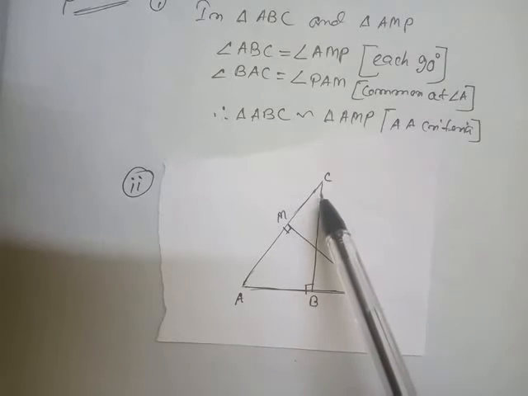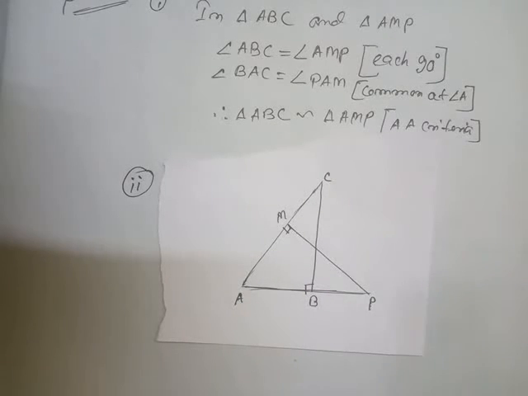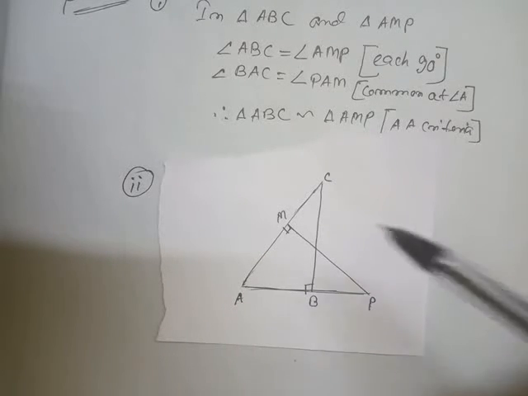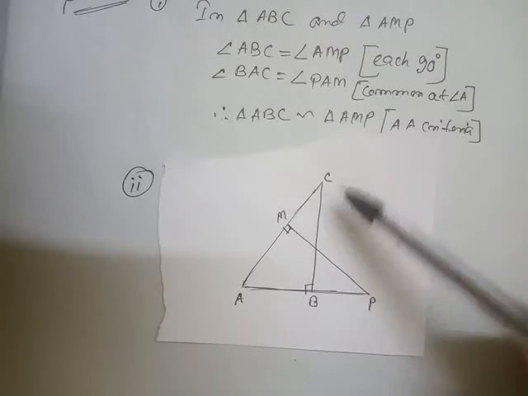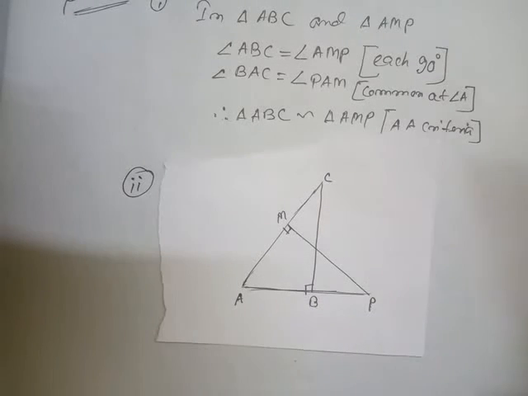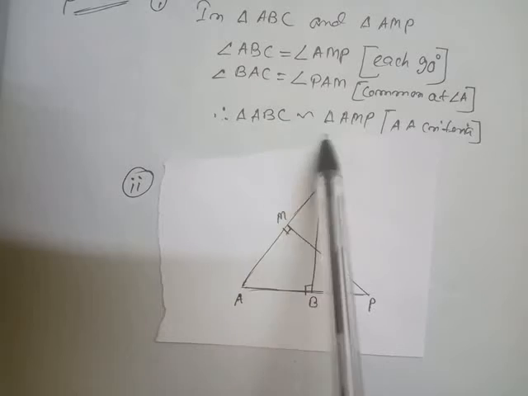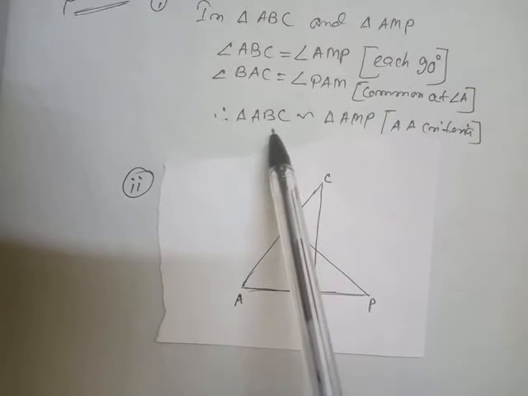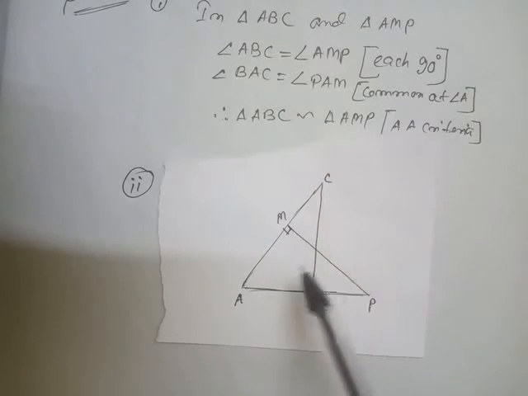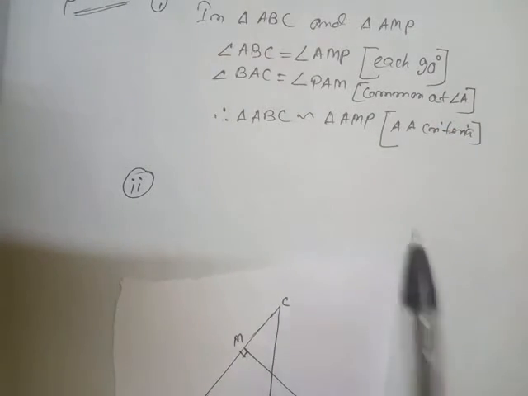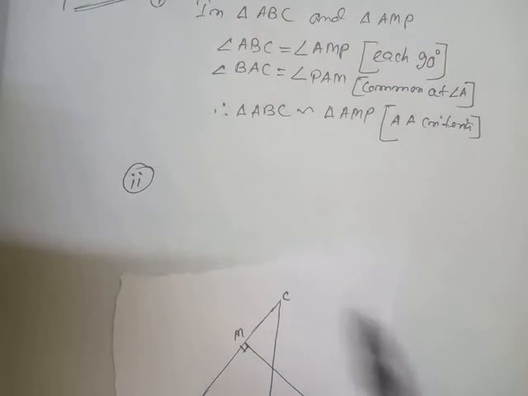Look here in the diagram, CA is a part of triangle ABC and PA is a part of triangle AMP. Again, BC is a part of triangle ABC and PM is a part of triangle AMP. In the first case, we have already proved that triangle ABC is similar to triangle AMP. So we'll just use that theorem here, or this content only.